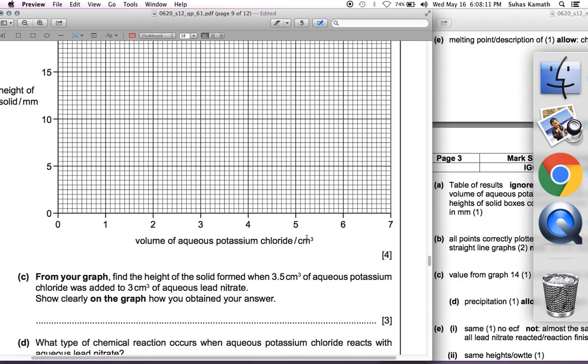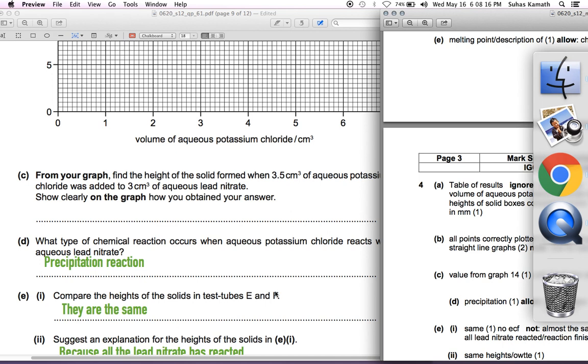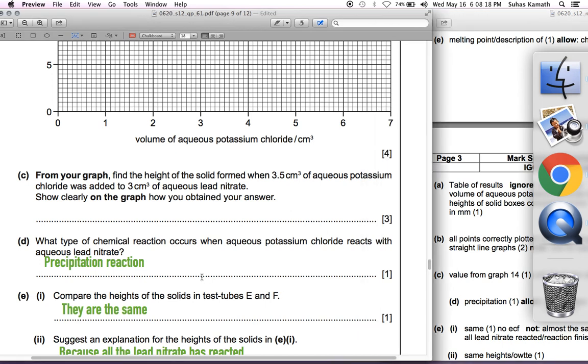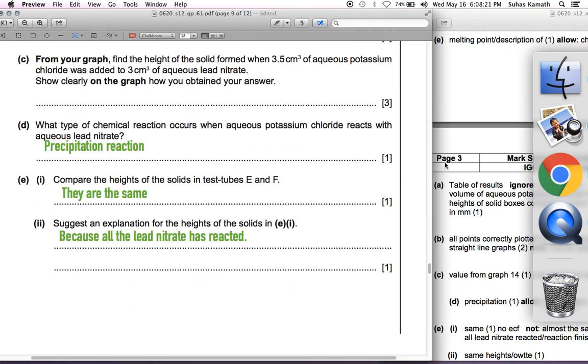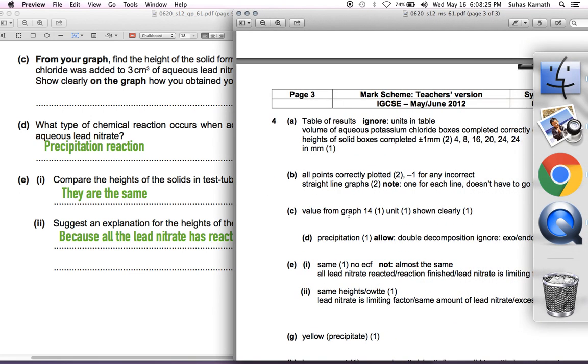Let's say I got another 4 marks here. 8, 11, the precipitation, 12, lead nitrate is all lead nitrate is here. Same. So they're the same, yes. So it's correct.